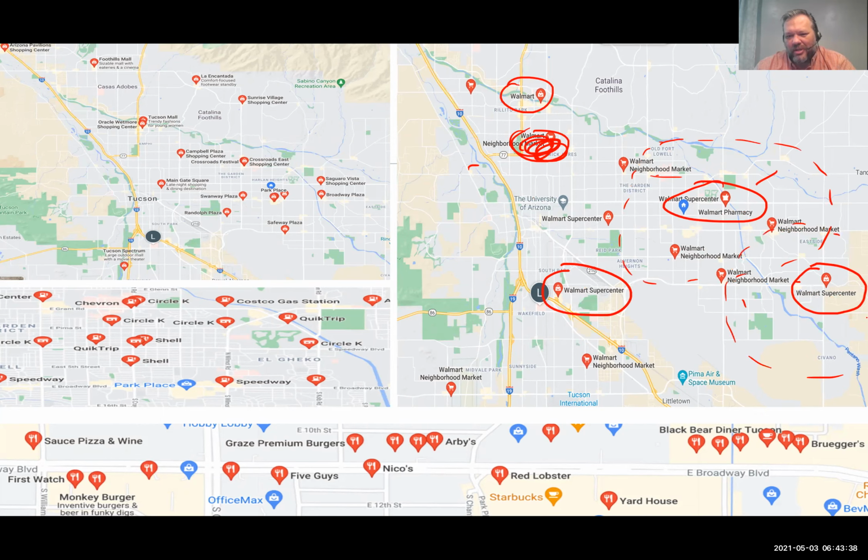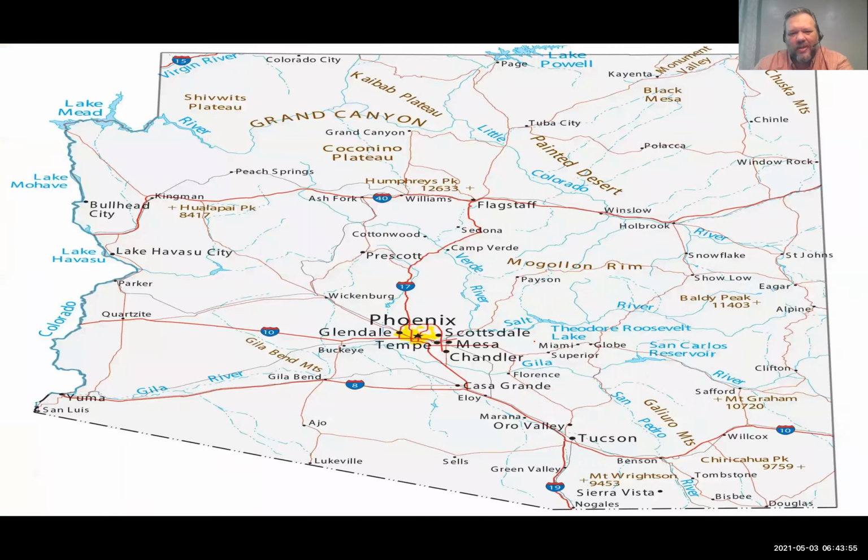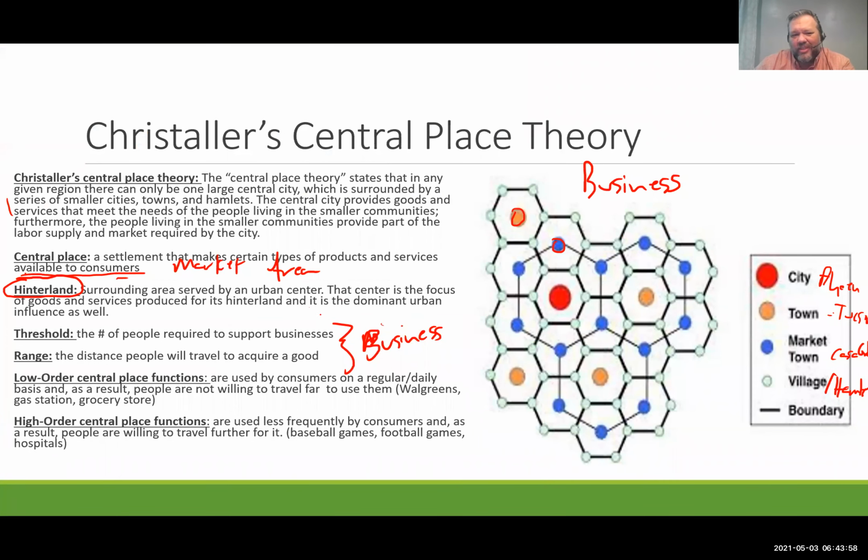And so, we look around there, look at the population around there. And so you get the sense of how many people are needed to make this Walmart supercenter viable. All right. And then obviously we have the neighborhood markets. They're probably going to have a smaller one because now they're just competing with grocery stores. And so when we talk about threshold, that's what we mean, the number of people required to support a business.